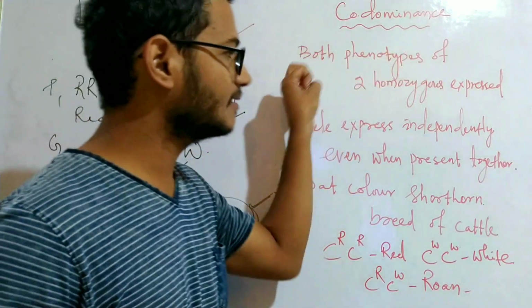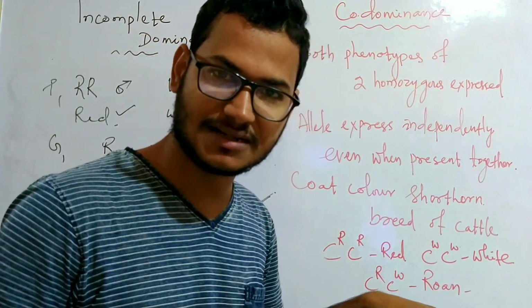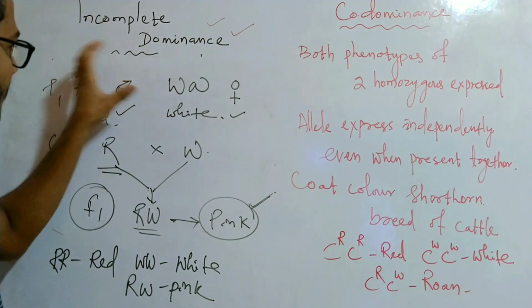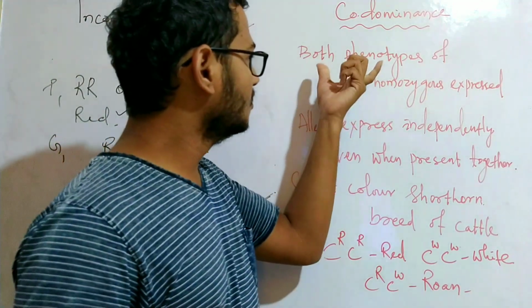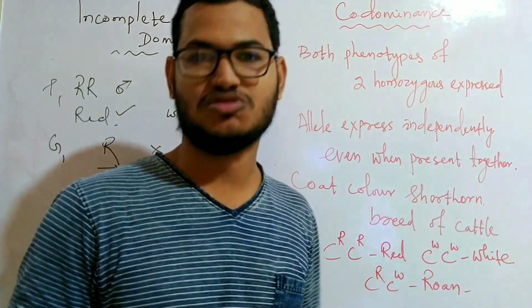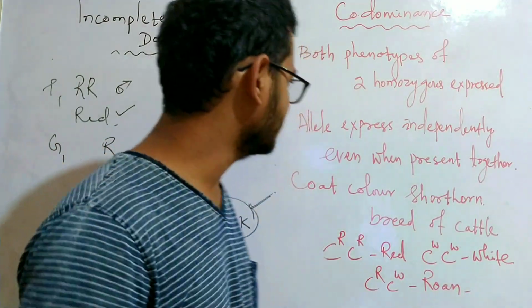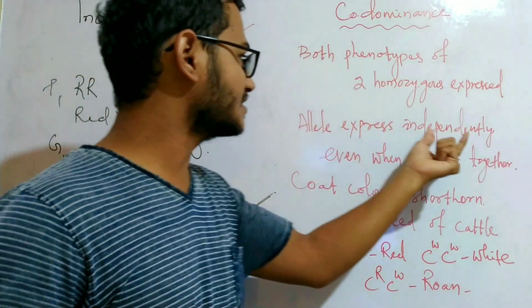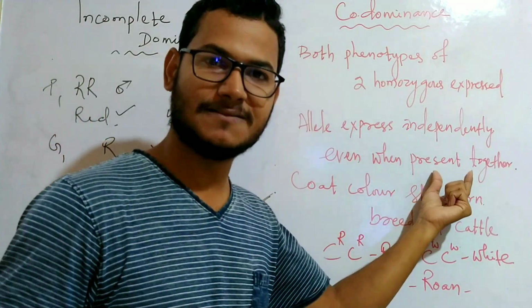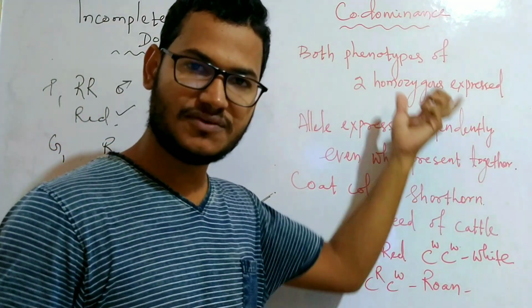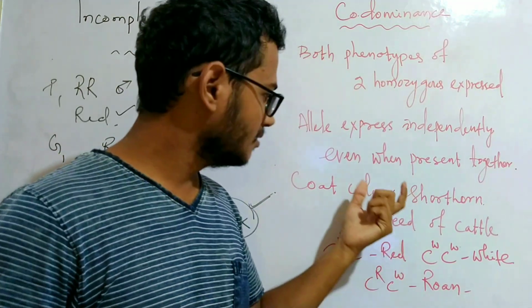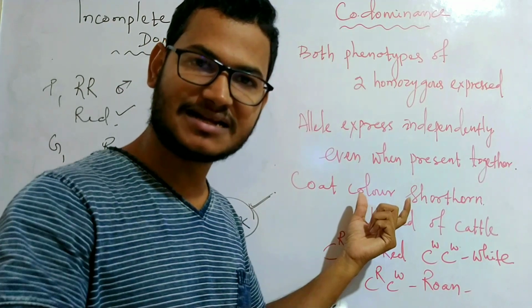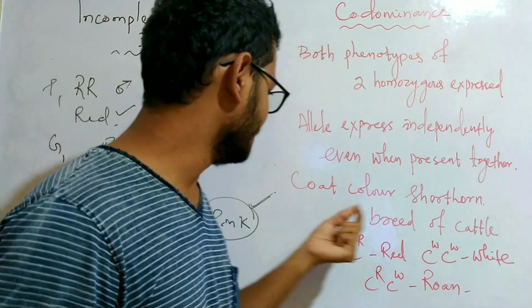Here an intermediate character is not seen in the F1 generation, but both the parental characters are found. Alleles are expressed independently even when present together. The alleles of the parents are together in the offspring and they express their characters independently.